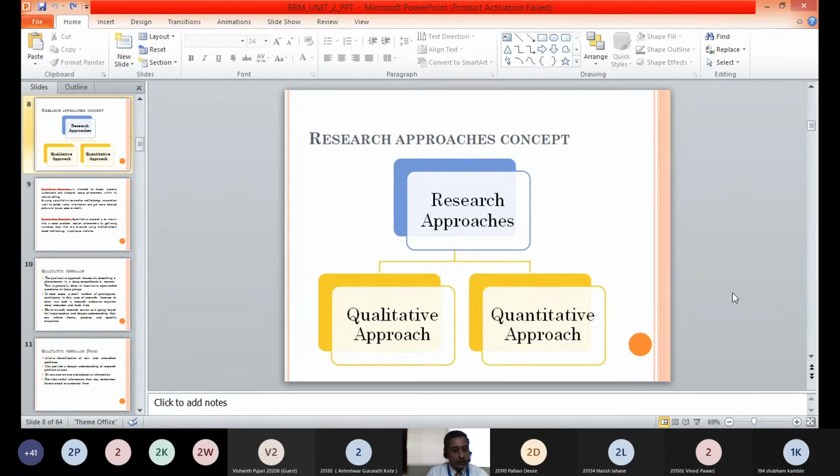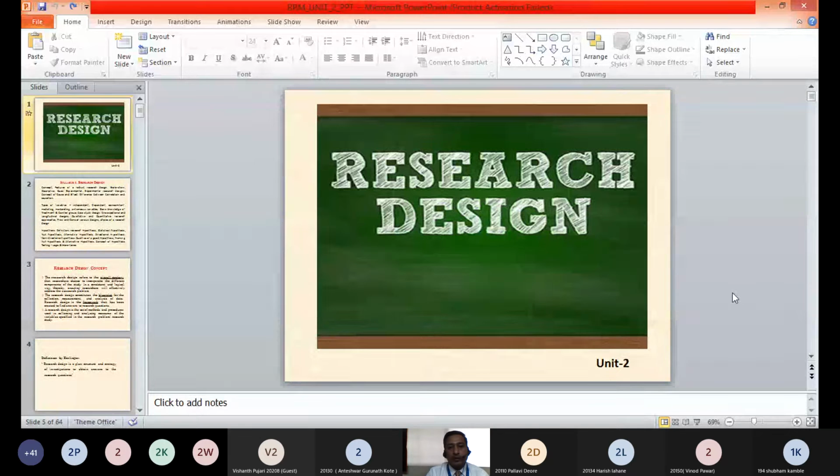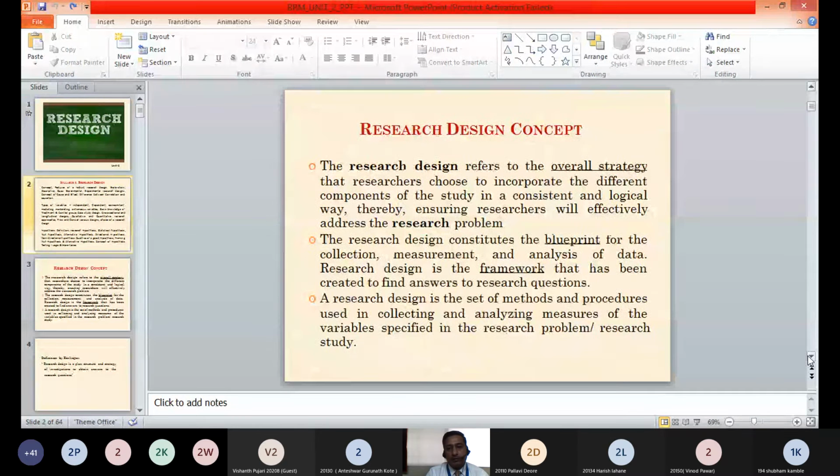So what we'll do is, instead of going ahead, I will just have a recap of what we discussed today, and then we'll stop. We started with unit number 2, research design. In this unit, we started with understanding the concept of research design.